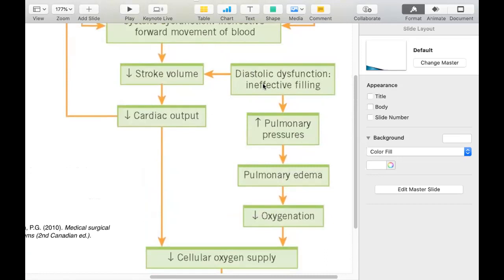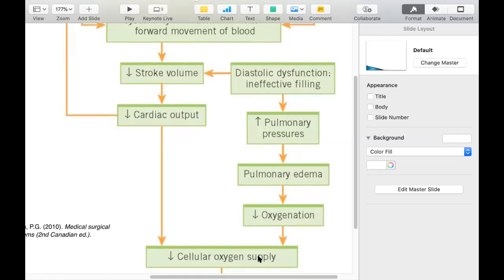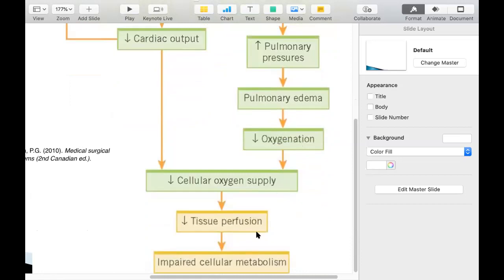Blood is backing up now into the pulmonary region, increasing pulmonary pressures, increasing pulmonary edema. And as we talked about in previous units, when you have increased fluid on the pulmonary tissues, your oxygenation, your gas exchange does not happen efficiently, and that contributes to decreased oxygen supply, which also contributes to decreased tissue perfusion.